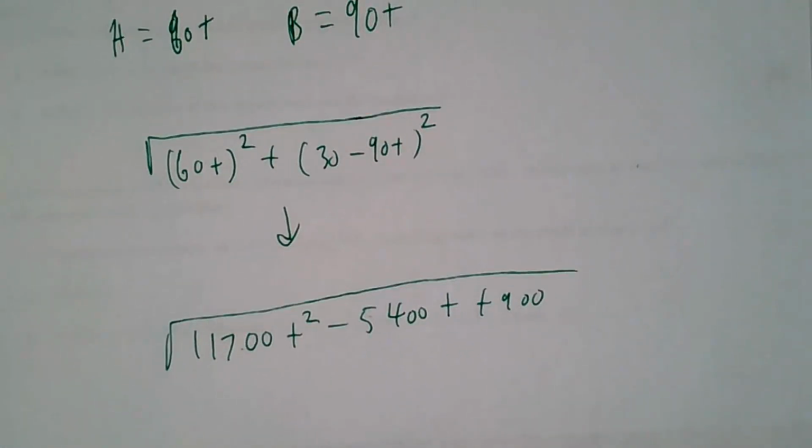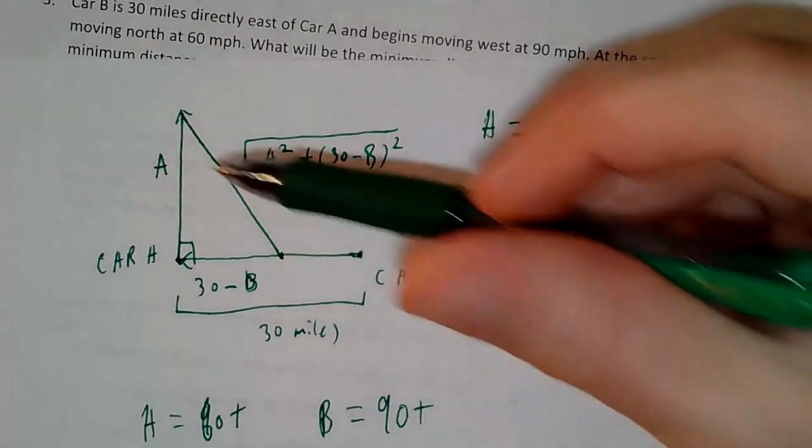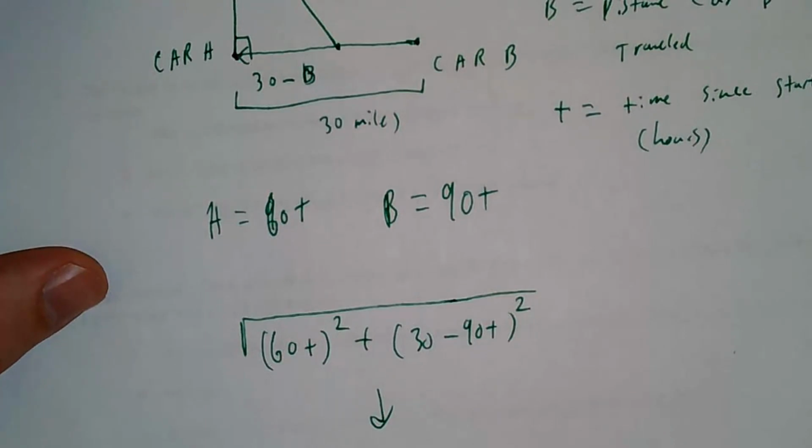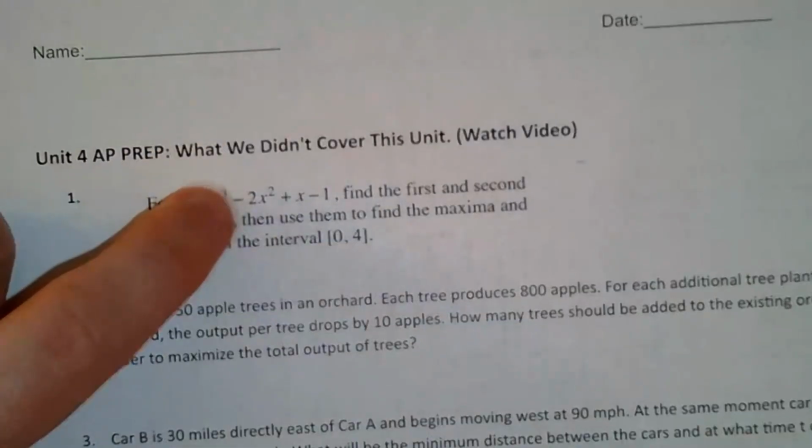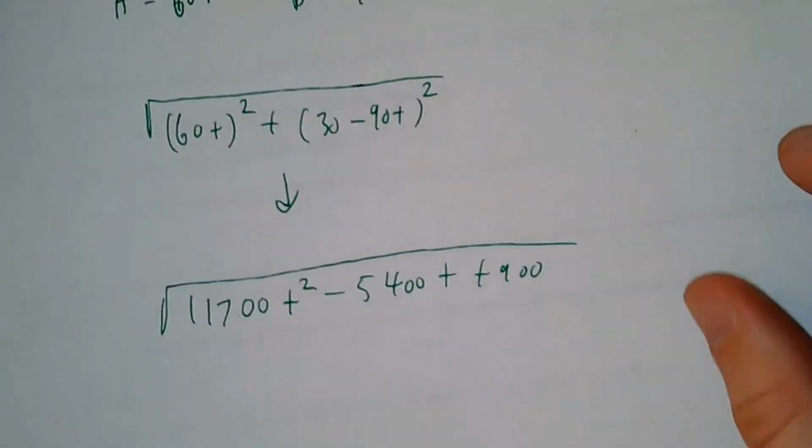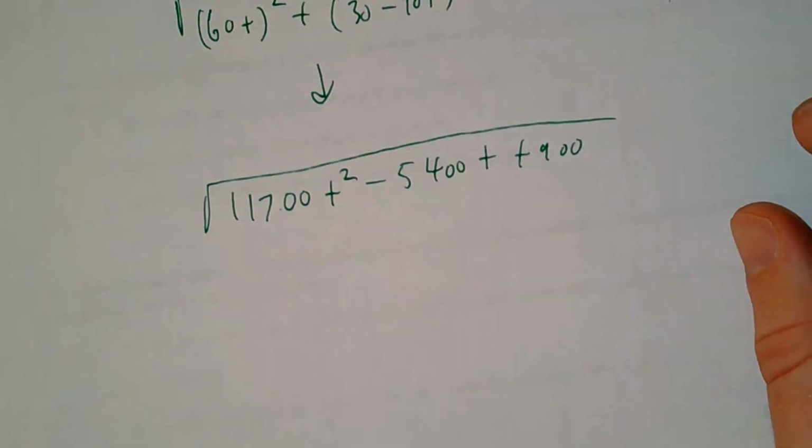So this function here represents the distance between the two cars. Now that I've got the function, I'm going to take the derivative and set it equal to 0.